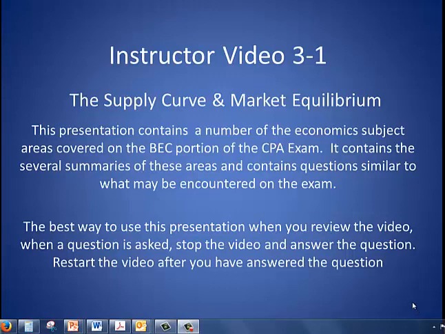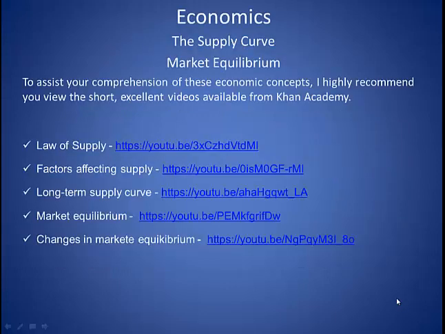So the first thing, let's go on and talk about some additional resources regarding the supply curve and market equilibrium.